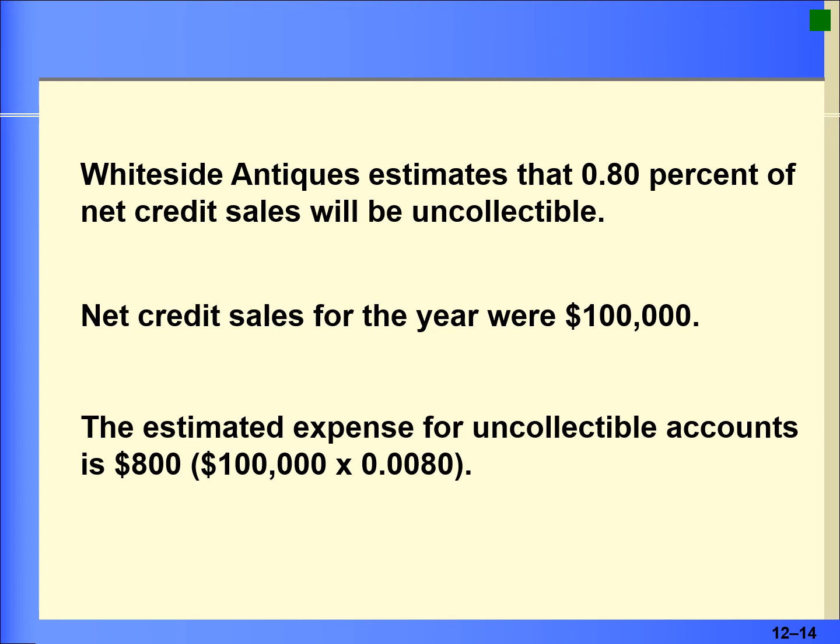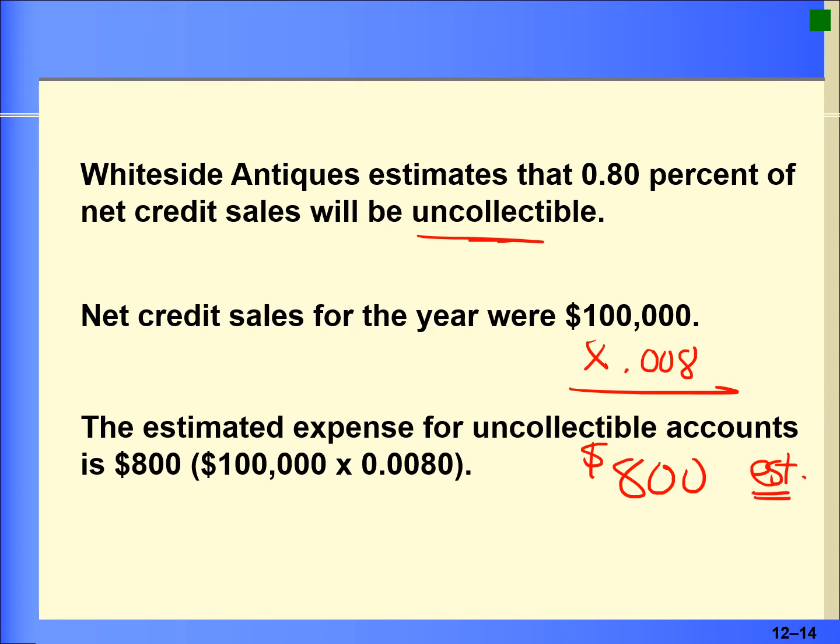So in this example, let's say you had 0.8% of net credit sales are going to be uncollectible. So to do the adjusting entry, if you got net credit sales of 100,000, you're going to multiply those by 0.008. You're going to get $800. That $800 represents your estimate. So your adjusting entry will be uncollectible accounts expense.